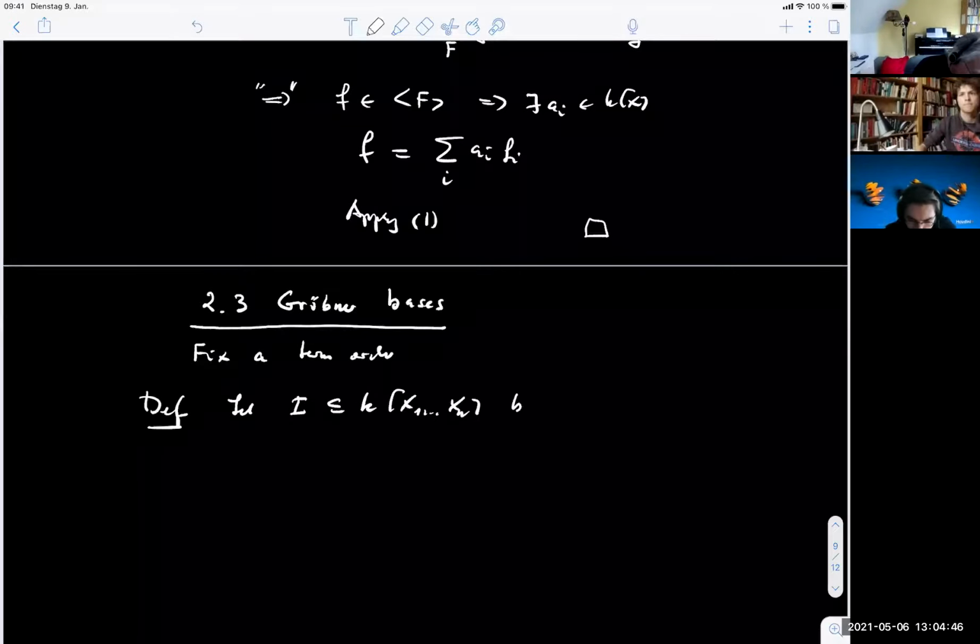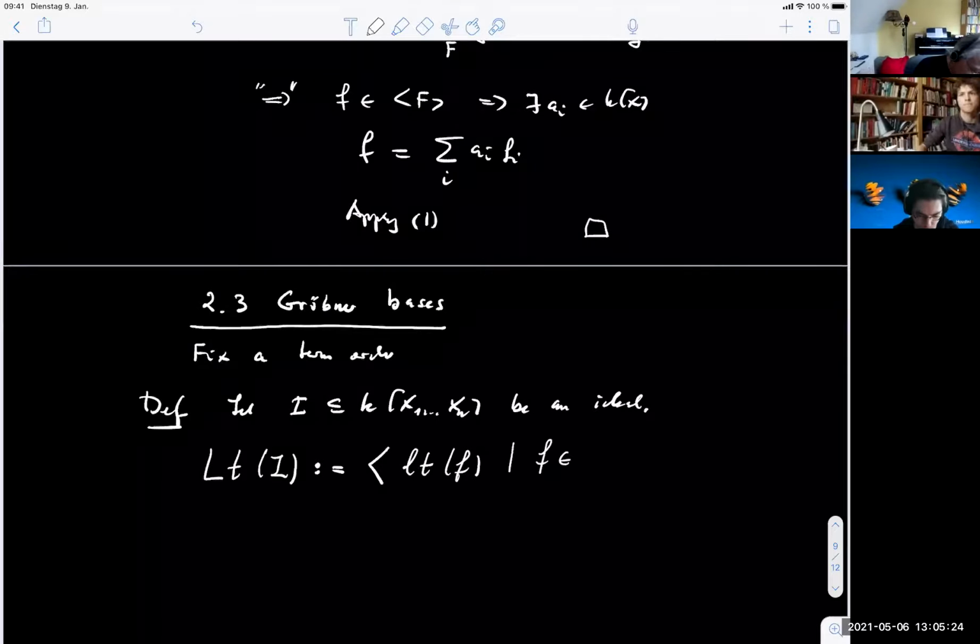Now I assign to this ideal a monomial ideal, which will be called the leading ideal or initial ideal. There are different names. And how do I do it? LT, like in Cox, Little, O'Shea, with the capital L, leading ideal. So this is the ideal generated by the leading terms of all elements of the ideal.